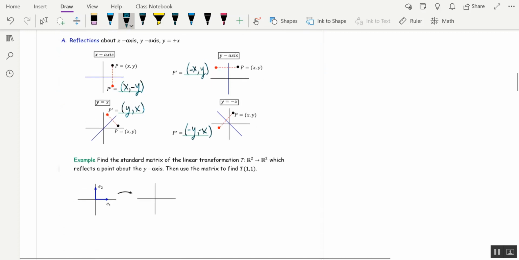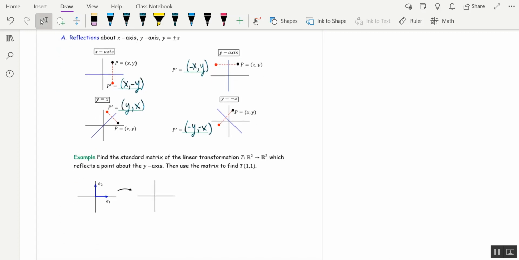So for example, let's say we want to find the standard matrix from R2 to R2, which reflects a point about the y-axis. We always start with E1 and E2, the standard unit vectors in R2, and we see what T does to them. If we're reflecting about the y-axis, T of E1 is going to flip over here.